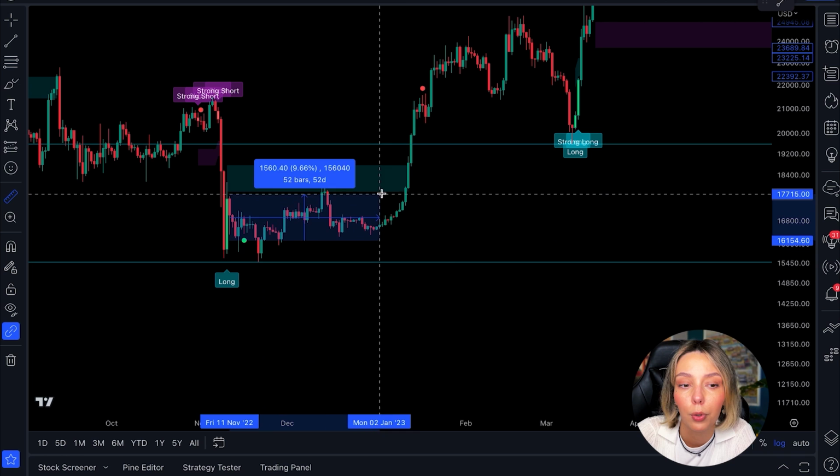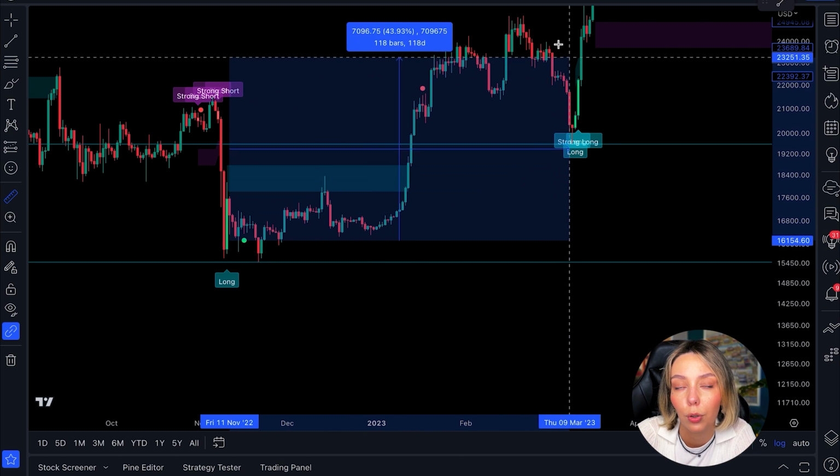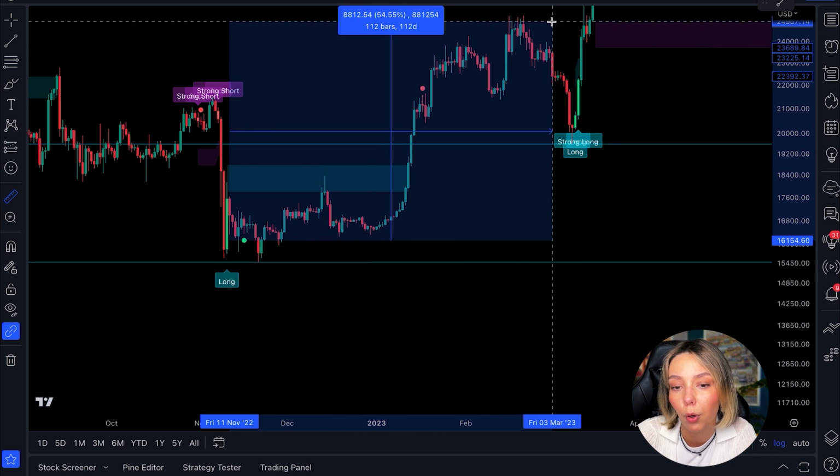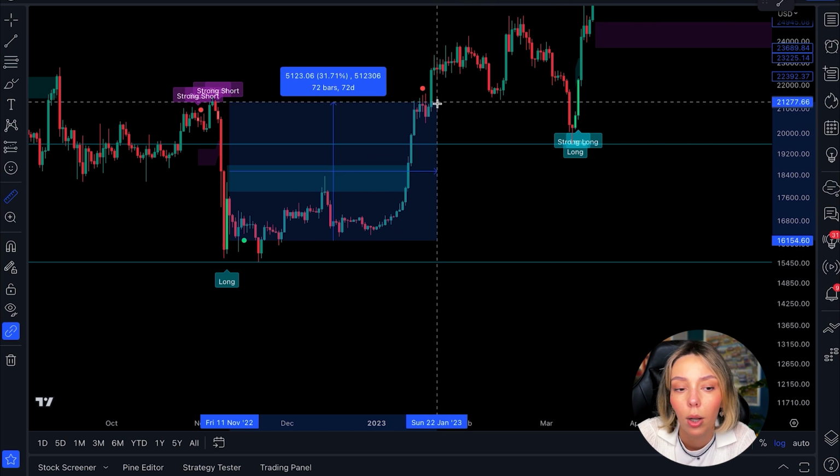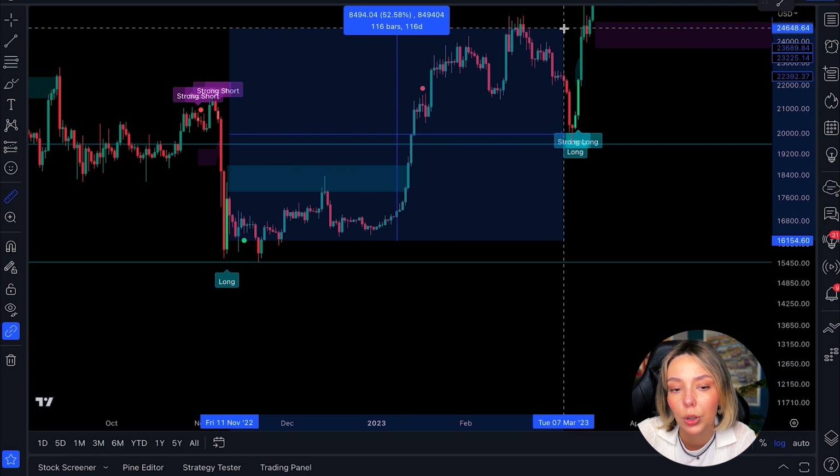In the future, we could take a huge move in the region of 55% of the profit after this signal. Here in 11 days, we earn up to 25% on only one signal, and here in just 72 days or 116 days, we could take up to 50% of the profit.